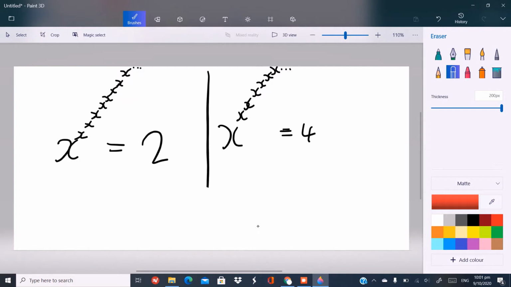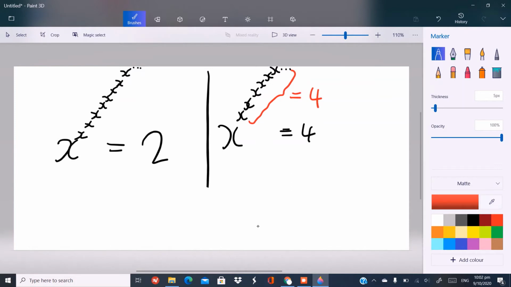From wherever you start, the infinite power tower still equals 4. So rightfully we can say this is equal to 4 as well.